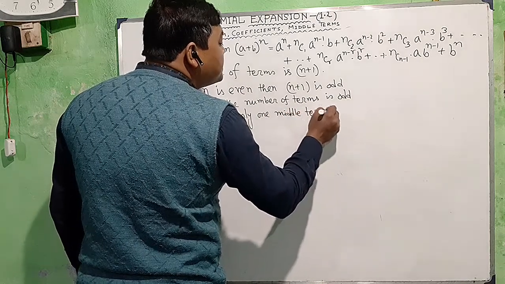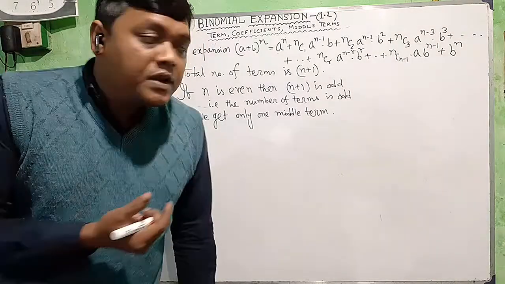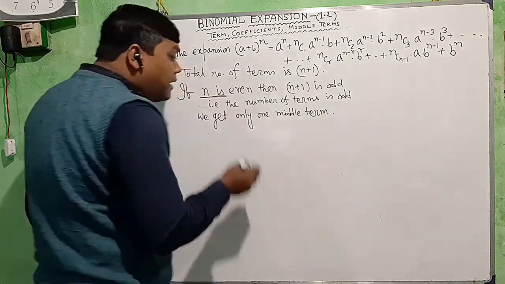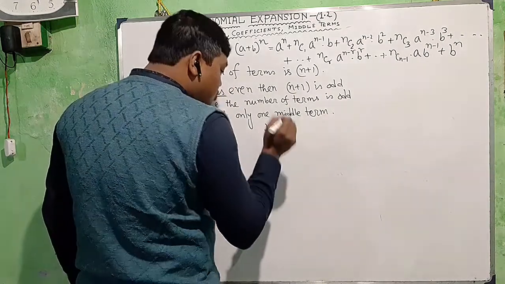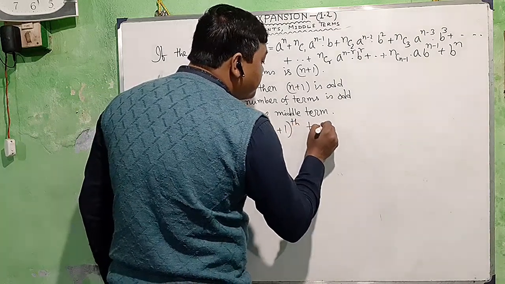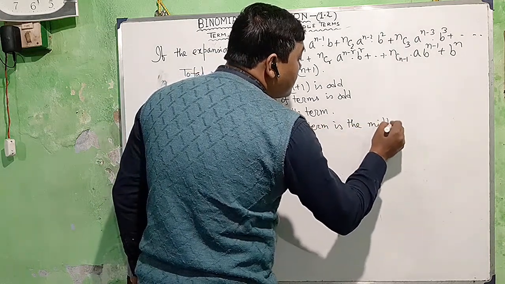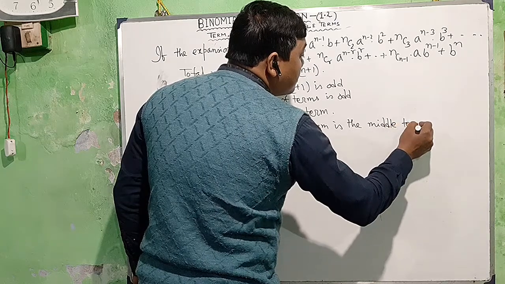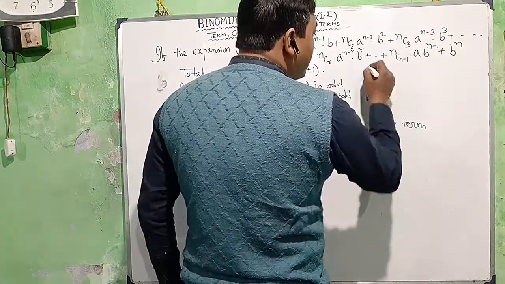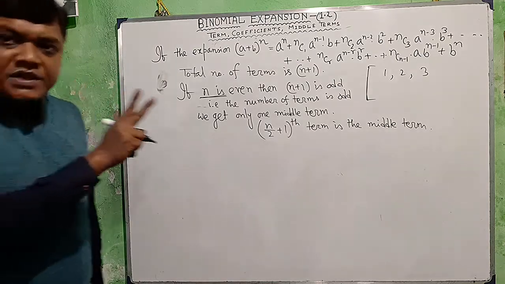And now the question is which term is the middle term in general. So when n is even, remember, the (n/2 + 1)th term is the middle term. How? You see that, 1, 2, 3, so 3 terms are present here.